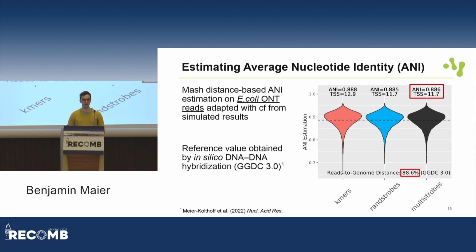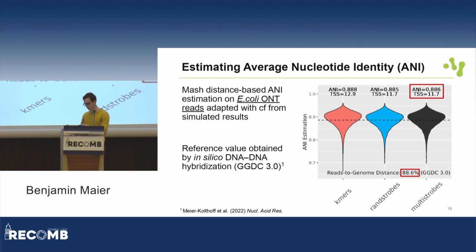Next, we confirmed our results on actual biological reads. We took the correction factors from earlier, so we didn't fit them again to avoid overfitting, and estimated the average nucleotide identity on Oxford Nanopore reads of E. coli.